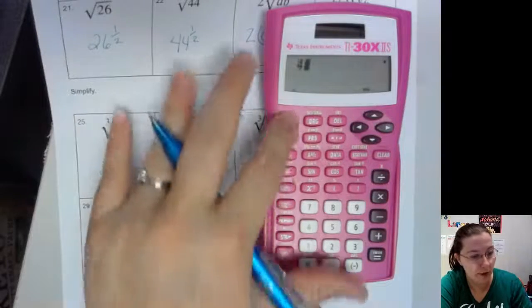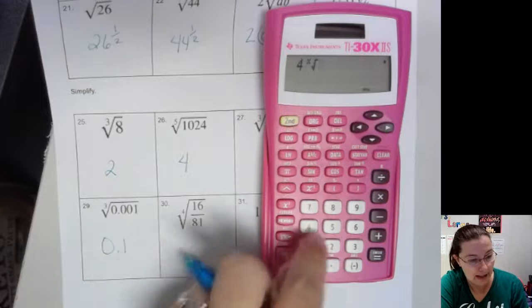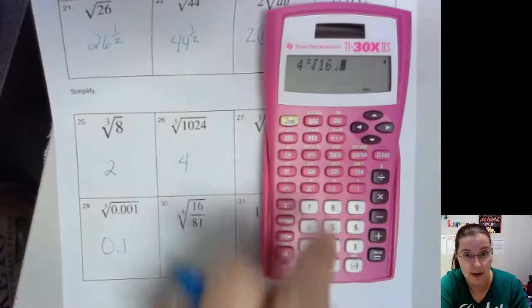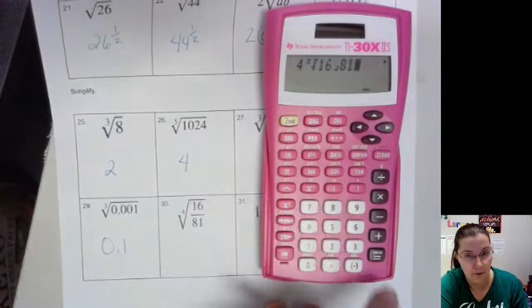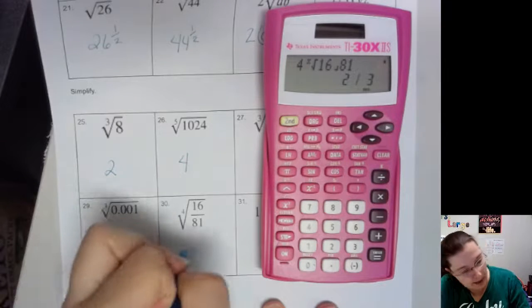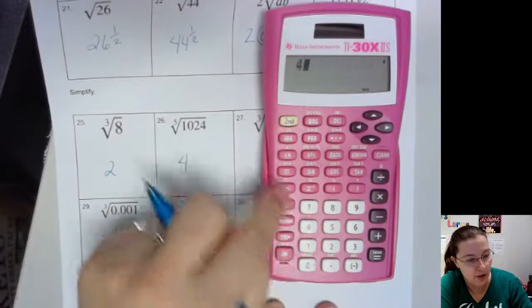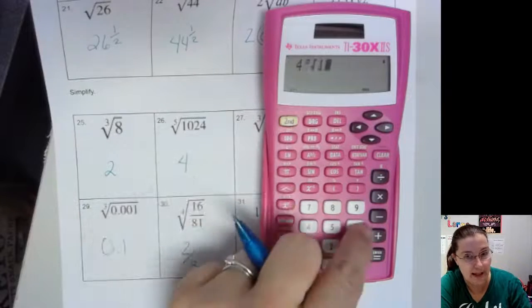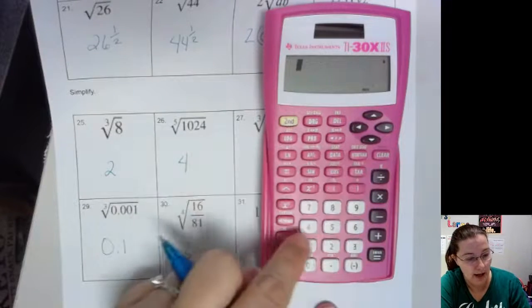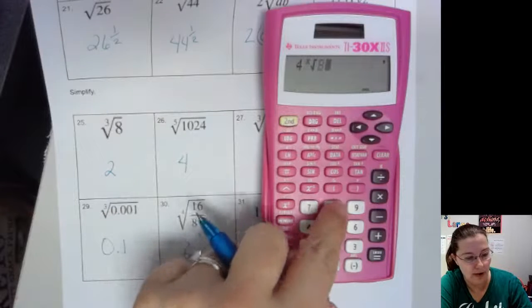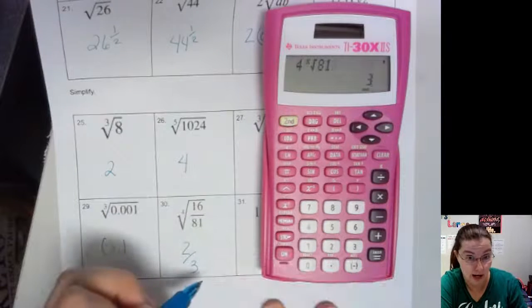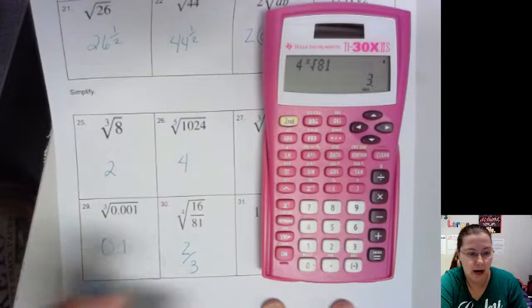So I have the fourth root of 16, I'm going to hit my ABC button to make the fraction, over 81. And when I hit equals, it calculates it for me. It's 2 over 3. Again, if you wanted to do the fourth root of 16, you would have got 2. And if you had done the fourth root of 81, you would have got 3. And you would just keep writing it as a fraction.